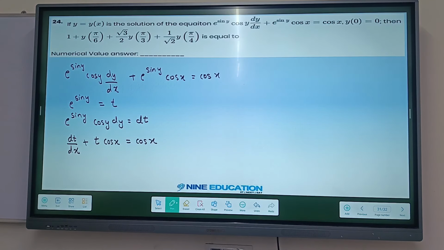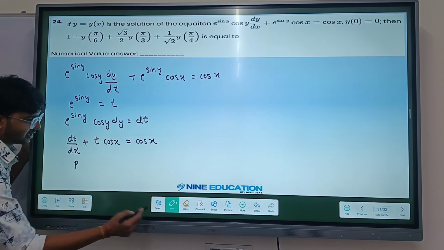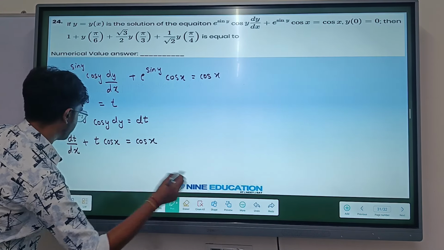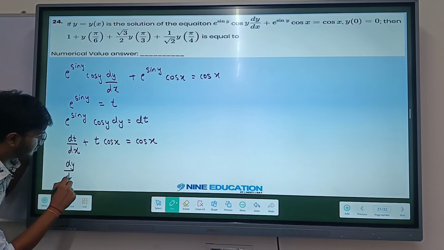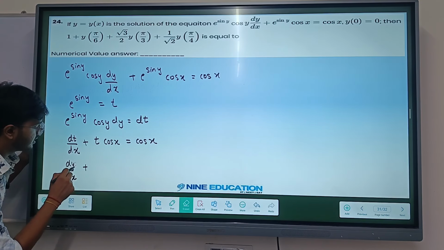Now you can try a linear differential equation form. What will we get? Linear differential equation form is dy by dx plus p of x times y equal to q of x, but instead of y there is t here.